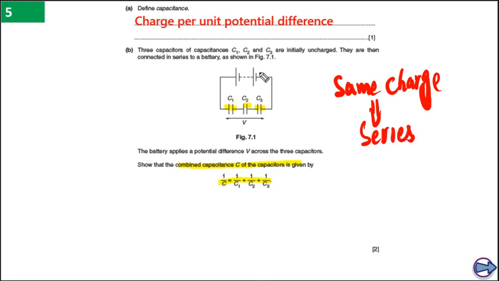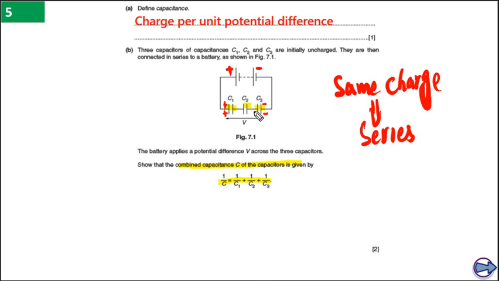So how do they get the same charge? Let me explain a little. You can see here, this is the positive terminal of the battery and this is the negative. The plate next to the positive terminal of the battery will gain net positive charge, and the plate on the negative side of the battery, next to the negative terminal, will gain net negative charge.